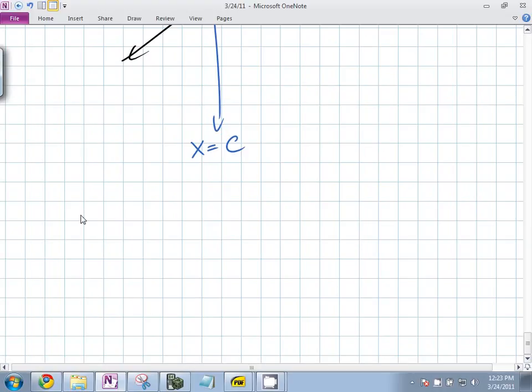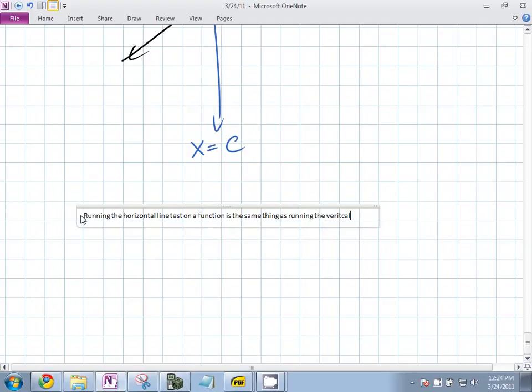Running the horizontal line test on a function is the same thing as running the vertical line test on the inverse.